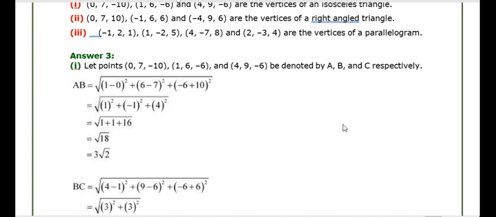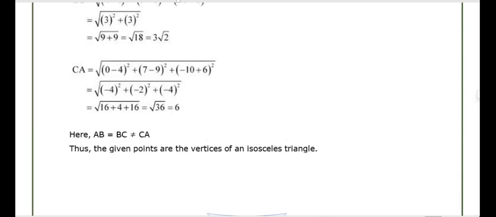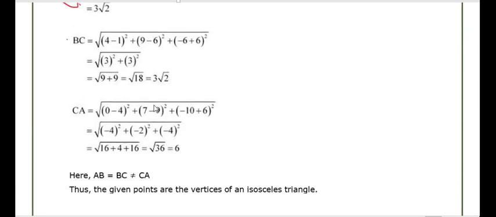Okay, first I am trying to find the distance between A and B. Randomly you can give a name. Suppose this is A, this is point B, this is point C. Now apply the distance formula as we applied above. So distance AB I am getting 3 root 2. Now find the distance between BC. BC I am getting 3 root 2.